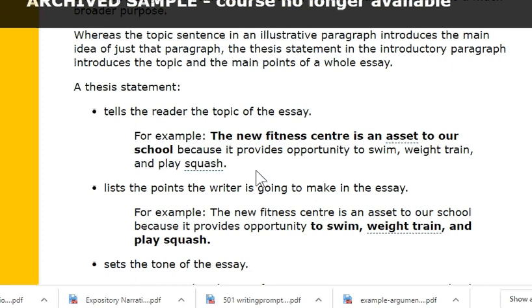But I'm saying for you, it'd be better to be more general, usually, in your thesis. So the new fitness center is an asset. An asset means advantage to our school because it provides 3 main benefits. You don't have to list them. Keep it simple is usually better. 3 main advantages, things like that.